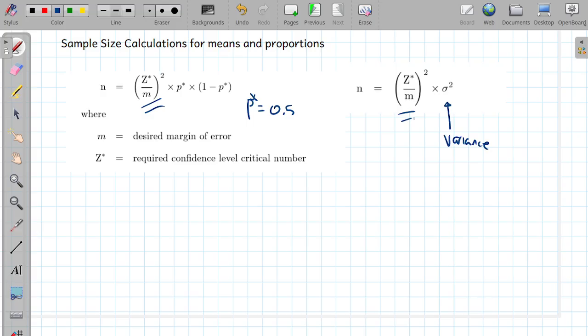The only thing that's really different then is for proportions, we're going to multiply by P star and 1 minus P star. So P star defaults to 50% unless you're told otherwise. And if we're doing the sample size for mean values, then we use a given value for variance. And oftentimes they'll give that in terms of standard deviation, so just remember to square it. M is the desired margin of error.